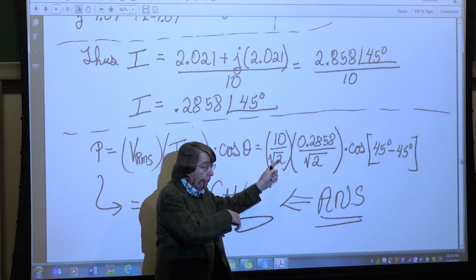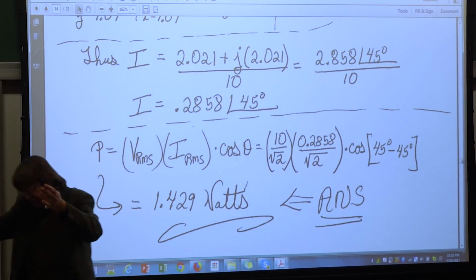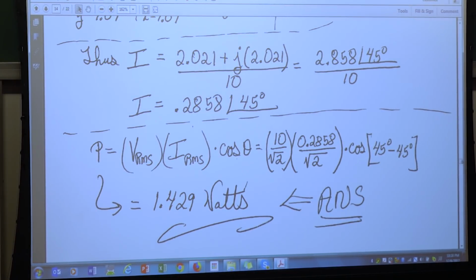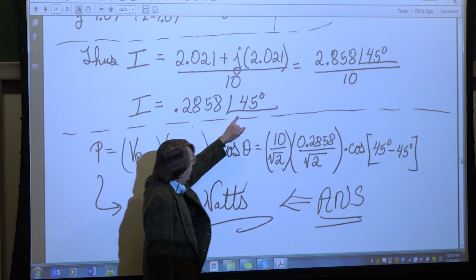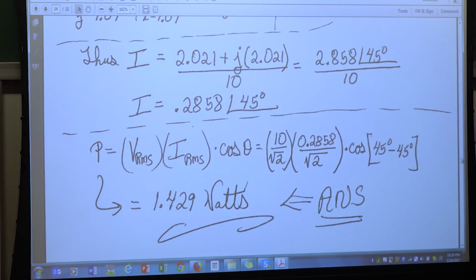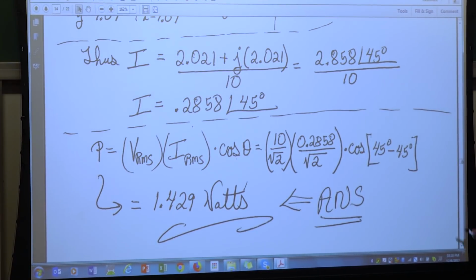Again, square root of 2, square root of 2. And what you might forget, because we haven't done it enough perhaps, is what's theta. It's on the formula sheet: the angle of the voltage minus the angle of the current. So it turns out here that the current has an angle of 45 degrees, and the angle of the voltage was also 45 degrees.